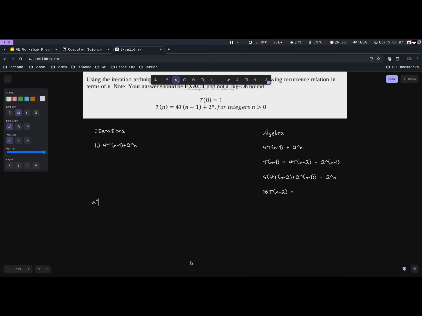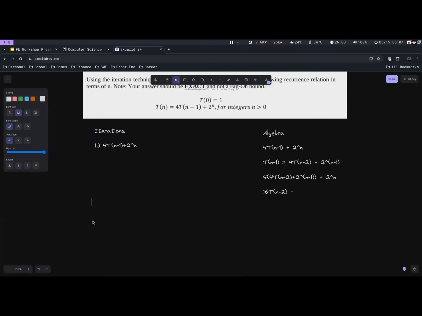So a to the 7 times a to the 5, what is this going to equal in terms of a? A to the 12. Exactly. And so for certain problems with this whole recurrence thing, we do need to know some of the exponential rules for either shifting, which I'm going to do in another problem, or this.